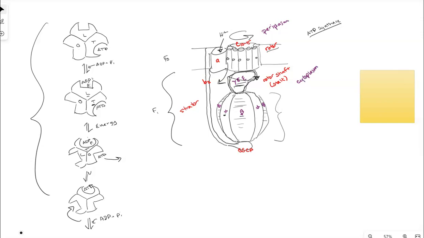So you can see now the whole picture of how the proton pump establishes an electrochemical gradient with all of this electron transport.